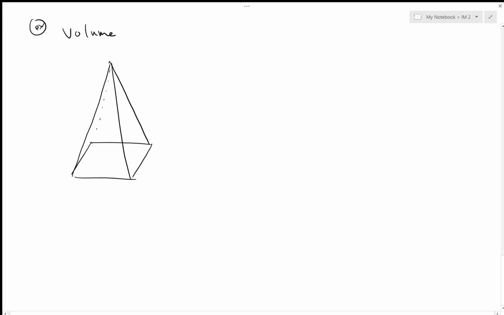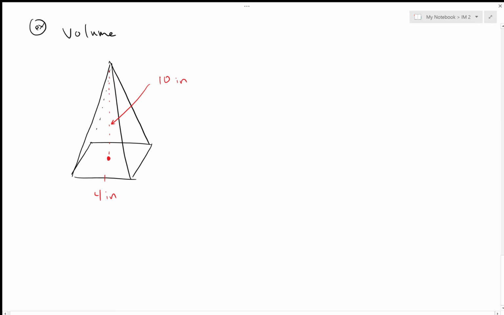They give us that right there is 4 inches. There's a point right here. Go straight up, and they tell us that that is 10 inches. They want us to find the volume. We're dealing with 3 different shapes today, so the first thing you want to do is figure out which shape this is.